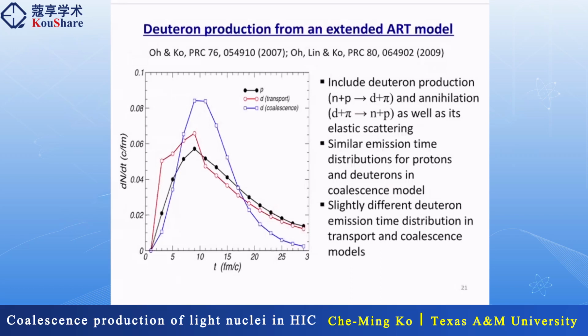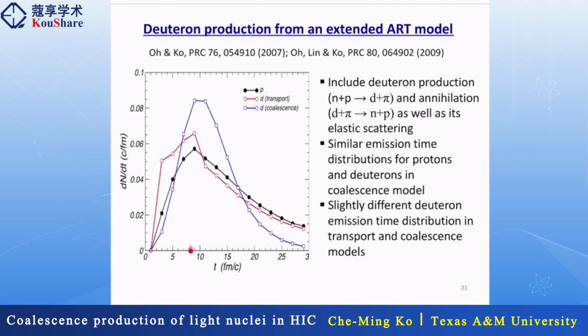So after we include that, we can look at how the deuteron and the proton evolve in time during the hadron evolution. So the black dots are the proton emission time distribution from AMPT at RHIC, 200 GeV, right? I run AMPT, then start counting the proton emission time.